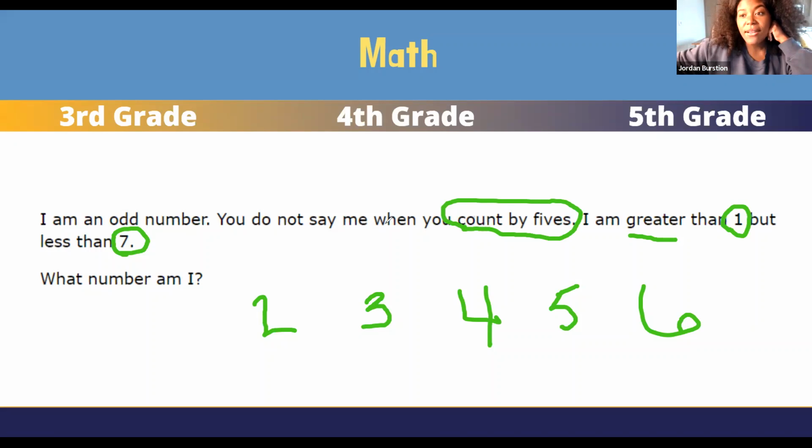I know you could do that all the way up to 100. But they don't want us to include a number that we would say when we count by fives. So we have to erase 5 as well. Okay. And then we're just left with 4 numbers, number 2, number 3, number 4, and number 5.